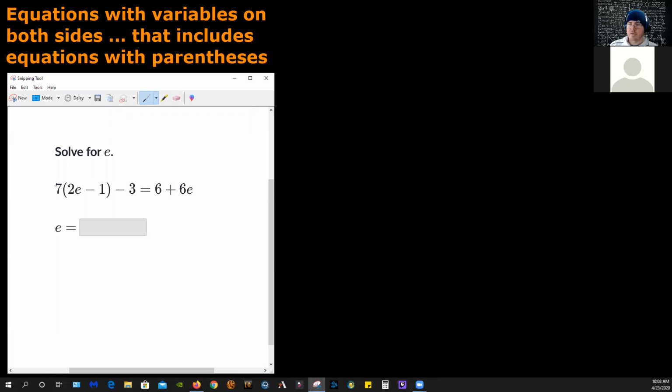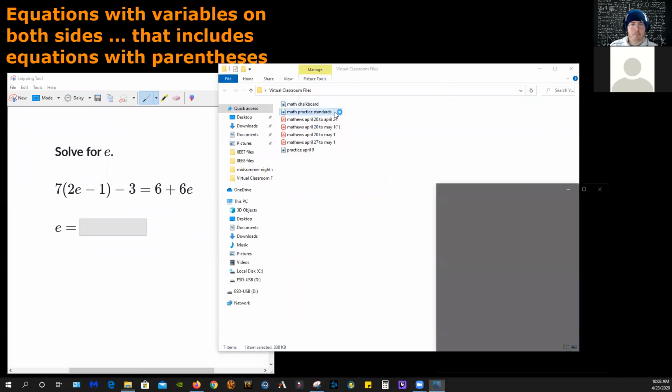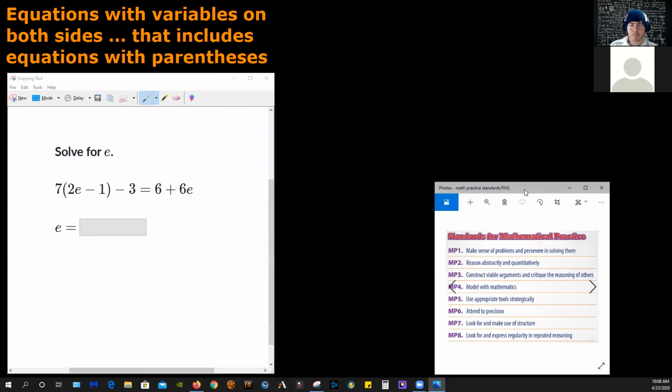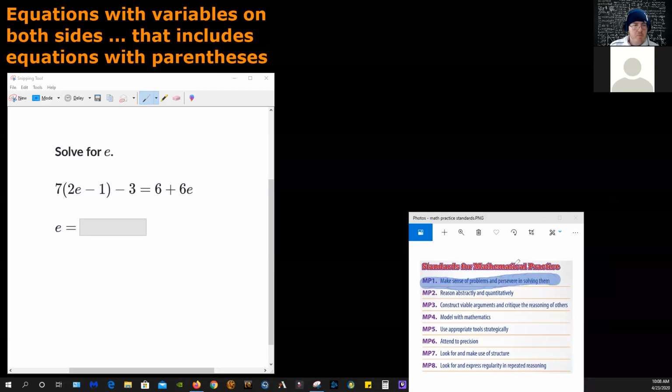Getting my math practice standards out. Okay, let's start. Let's make sense of the problem and persevere in solving it.